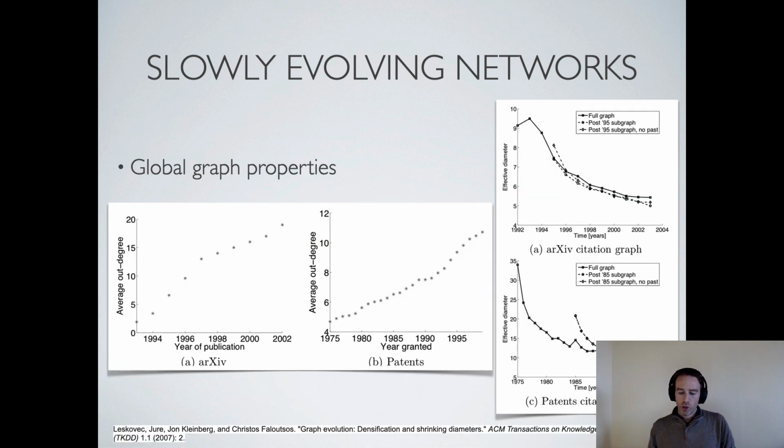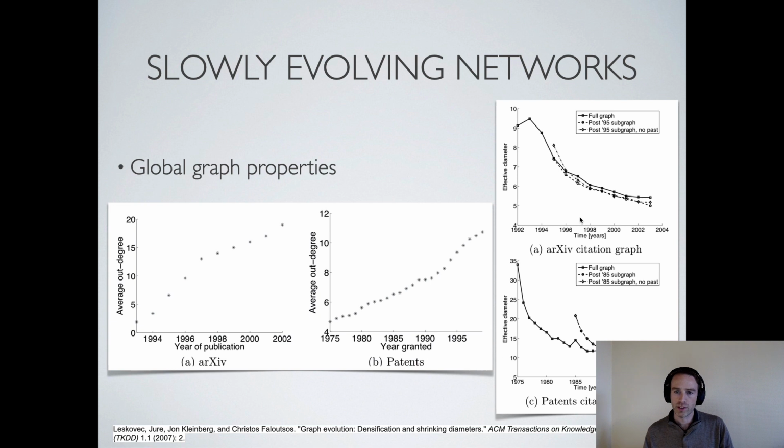So when you have this type of network, you can study in more details. For instance, you can look at the evolution of some global graph properties. Like in this paper, the authors studied the average out degree of some dataset, and they have observed that it was growing with time.